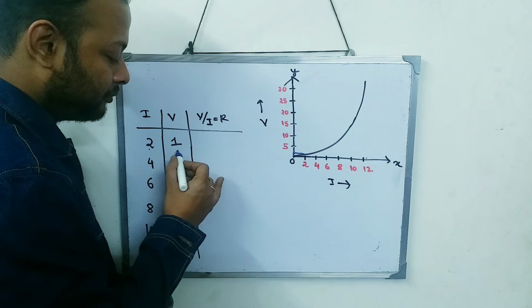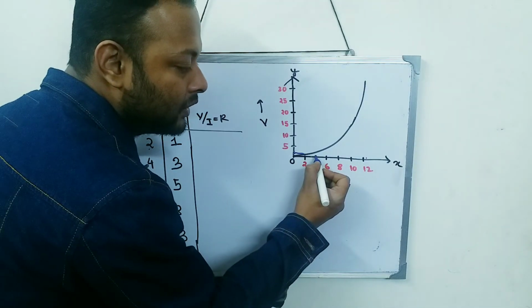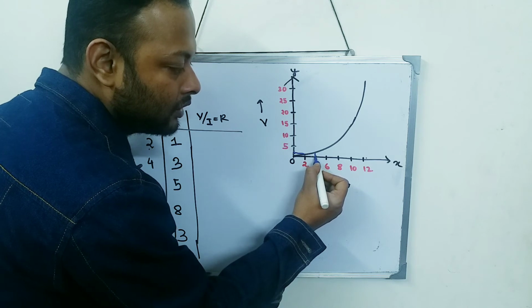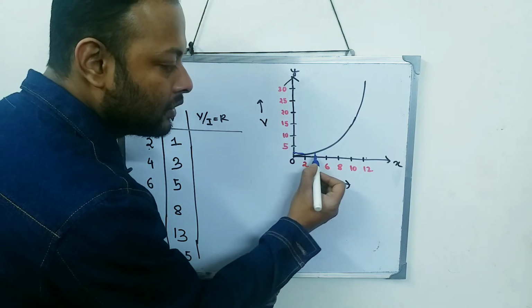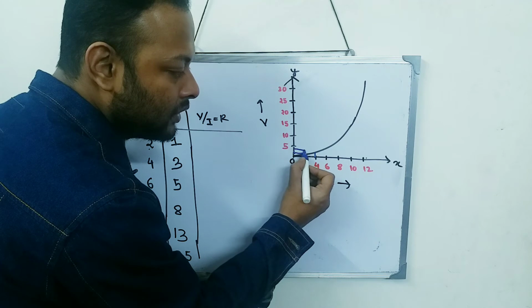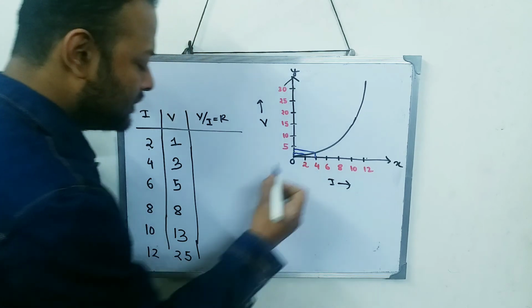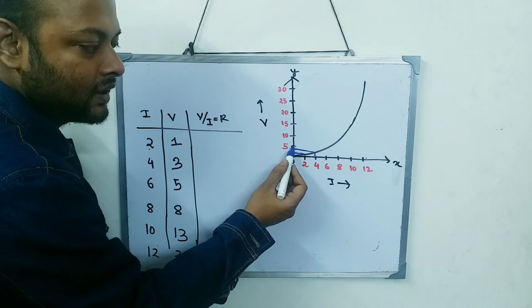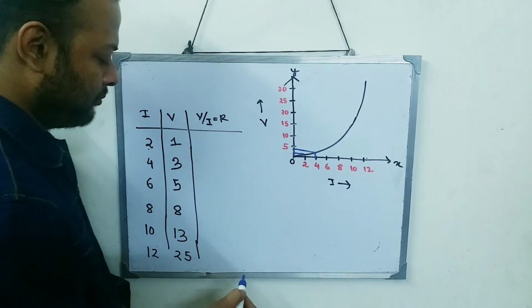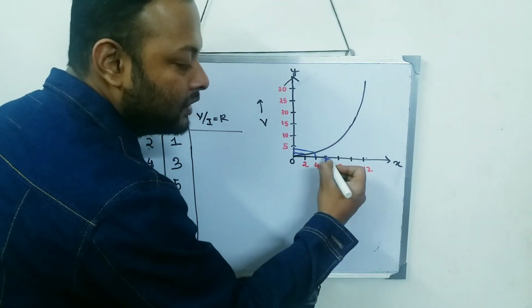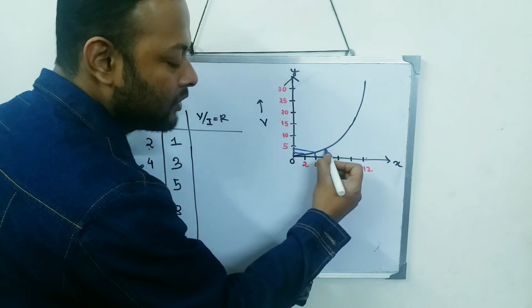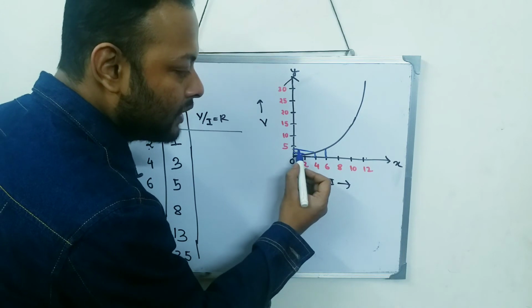Now over here, when the current is 4 ampere, the graph touches over here, and this I have taken as 3. The voltage over here is 3, you can see less than 5. When the current is 6 ampere, the corresponding value, how much do I get?